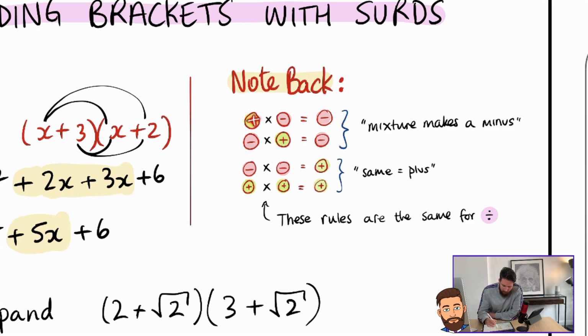So if you've got a plus and a minus, that's a mixture of signs, it's a minus. If you just remember a mixture makes a minus, you're going to be okay. And if they're the same, you get a positive. So if you've got a negative times by a negative, you get a positive. And if you've got a positive times by a positive, you get a positive. If you can remember those two sentences, you're going to be okay. And these rules apply the same for divide.